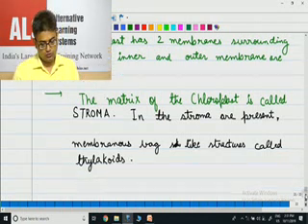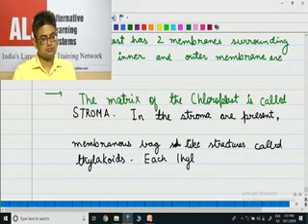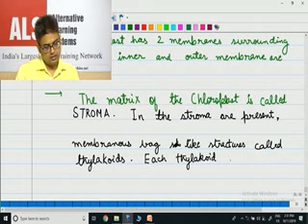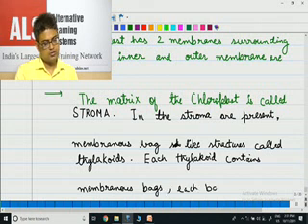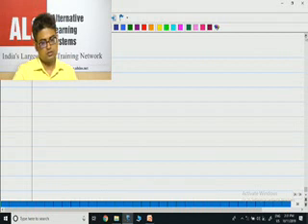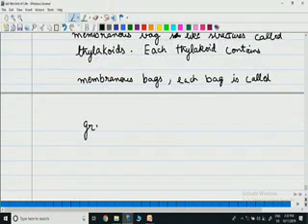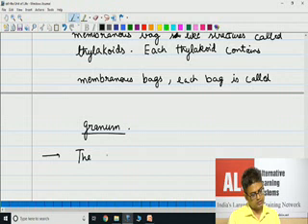Each thylakoid consists of multiple grana. Each thylakoid contains coin-like structures, membranous bags, and each bag is called a granum.